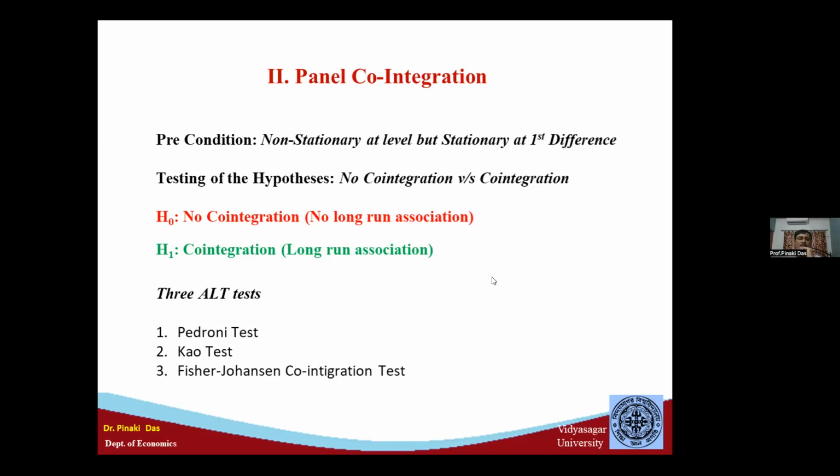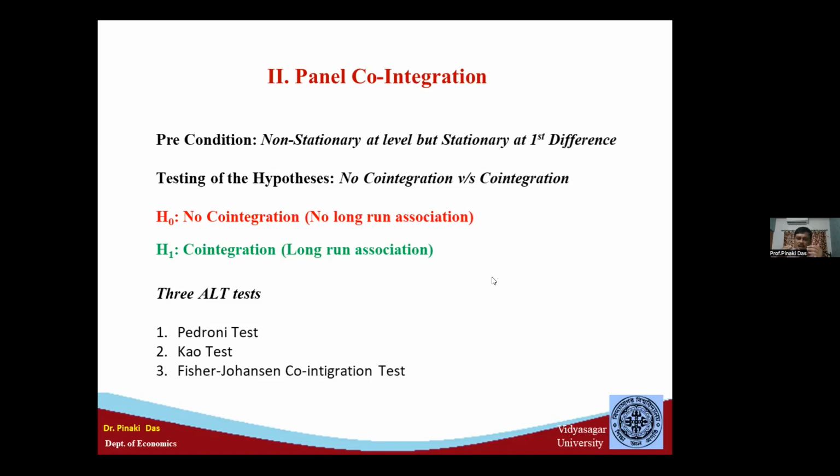But if the two variables are not co-integrated with each other, then we cannot apply the vector error correction model. That is, on the basis of the result of the unit root test and co-integration test, we can select the appropriate panel data regression model.